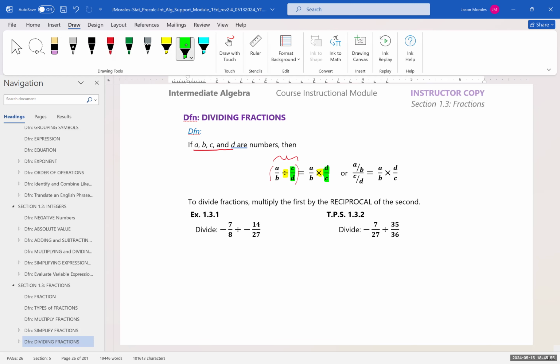Notice we had C over D, and by doing the reciprocal, where we rotate the numerator and denominator, we get D over C, and we're no longer dividing, we're now multiplying. Now we can multiply the numerators and multiply the denominators and complete the division of those two fractions.